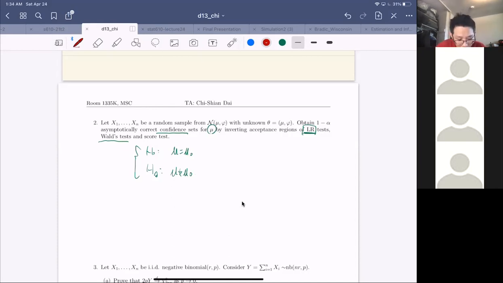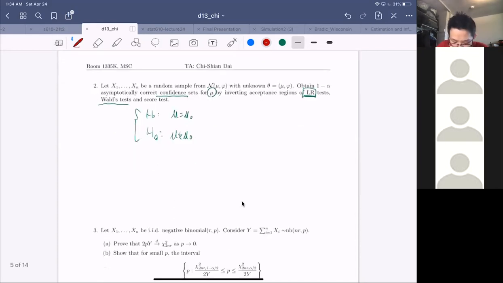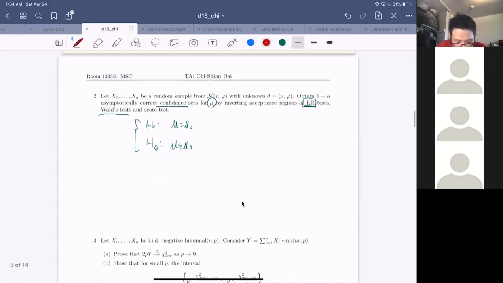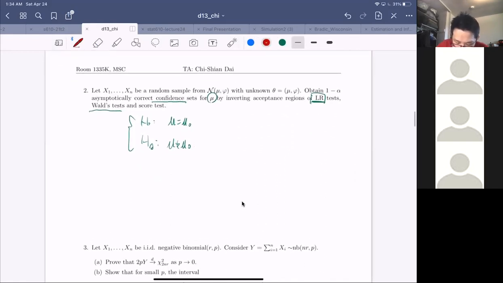Okay, let's go to question 2. When we want to find a confidence interval by inverting a hypothesis test, first you have to define what your test is.